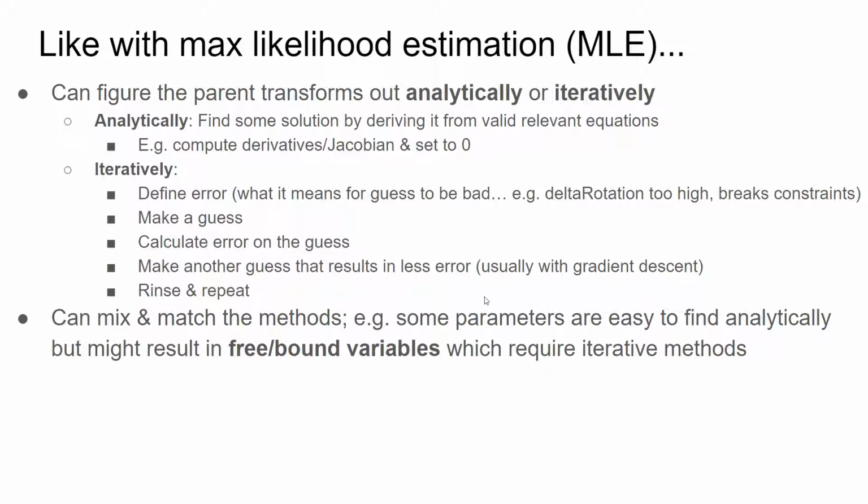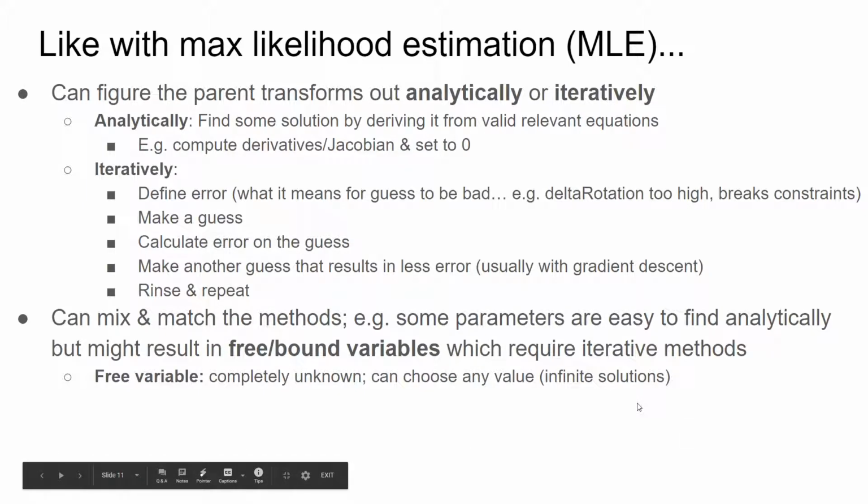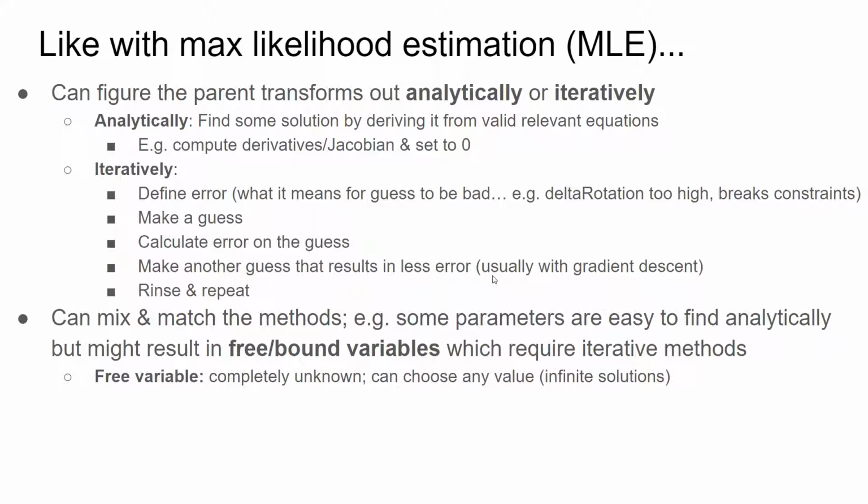So those of you who have a decent amount of machine learning experience will know that some parameters you can just figure out mathematically without having to iterate. In other cases, you might have variables that are free or bound. A free variable, for example, is one that is completely unknown and you can choose any value for it. If any of you remember parametric equations, where you have an x equation and a y equation, and both are dependent on t, which is some variable that you choose, t in that case is a free variable.